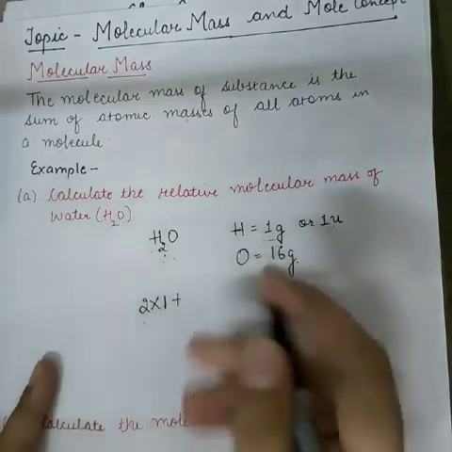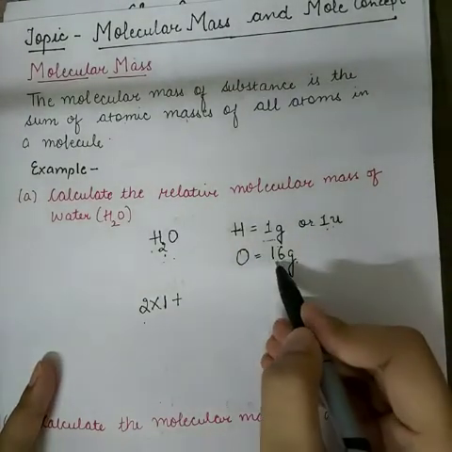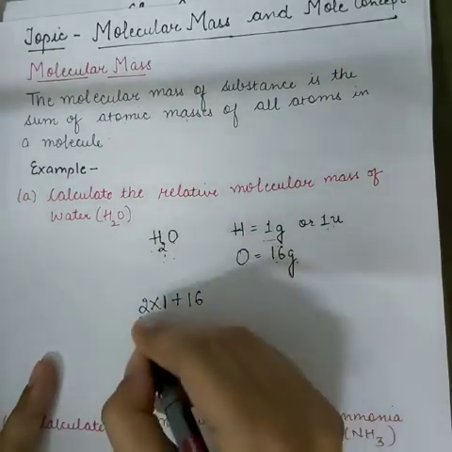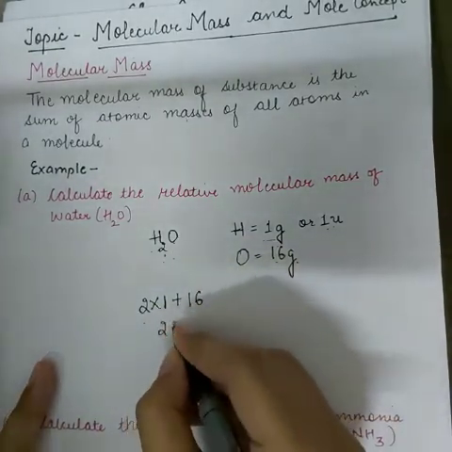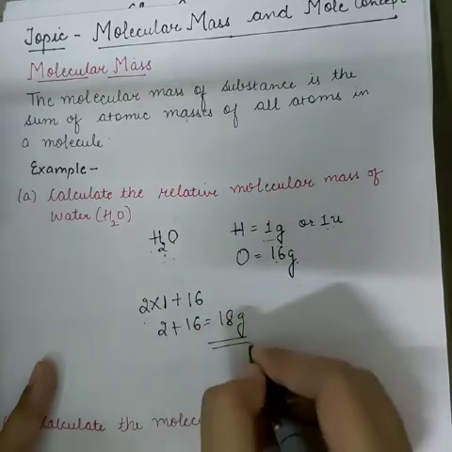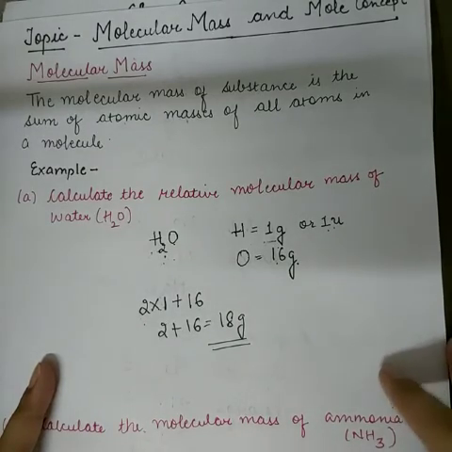Now plus oxygen is only 1 atom, so no need to write; oxygen atomic mass is 16. So 2 ones are 2, 2 plus 16, that is 18 gram, or you can say 18 U. So 18 gram is the molecular mass of water.